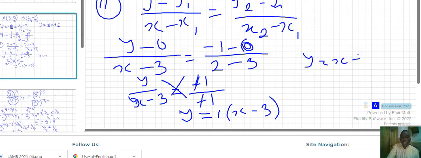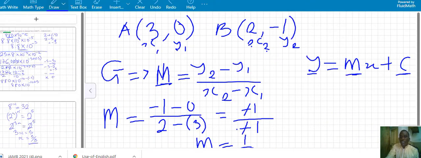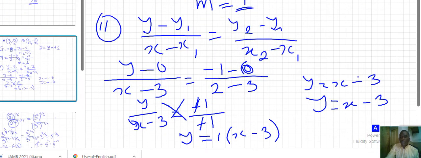x minus 3. Now, this is not going to be an equation because a full equation should be equal to 0. So we can say y will be equal to x minus 3. Now, if you look at this equation very well, you should see that the constant is minus 3, right?